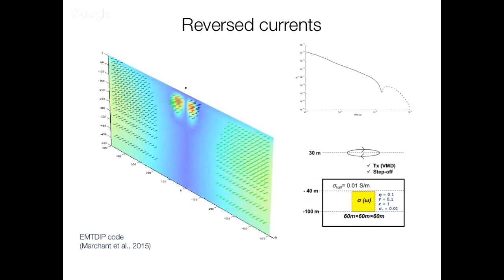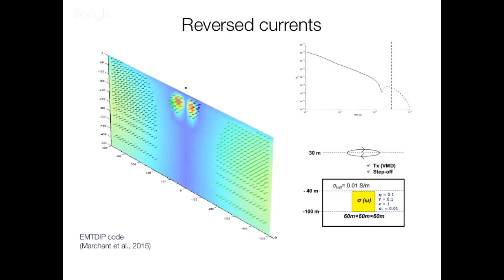What's happened here is these induced currents have gone through, but notice that the currents here in the block are actually going in the opposite direction. Polarization currents always go in the opposing direction to the primary current flow. So that's what's happened here.